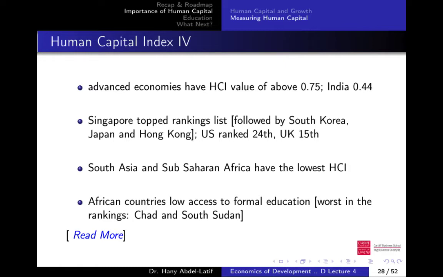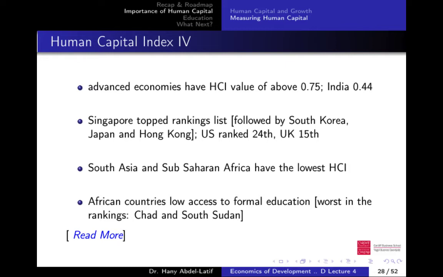Advanced economies have a human capital index value above 0.75, while emerging economies like India have 0.44. Singapore, by the way, comes first, top of this list of 167 countries, followed by South Korea, Japan, and Hong Kong. The US ranked 24th in terms of human capital.